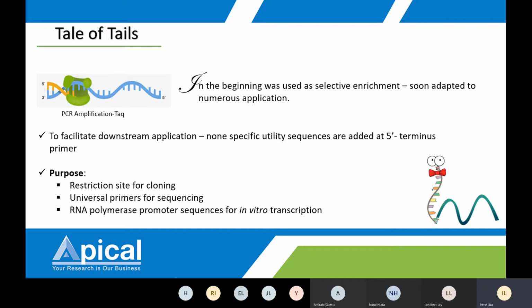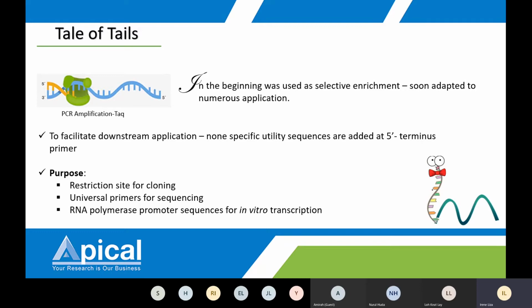Now, to facilitate downstream applications, meaning after PCR we want to look into the downstream application, non-specific utility sequences are added at the 5' terminal of the primer, which means 5' at the beginning of the primer.